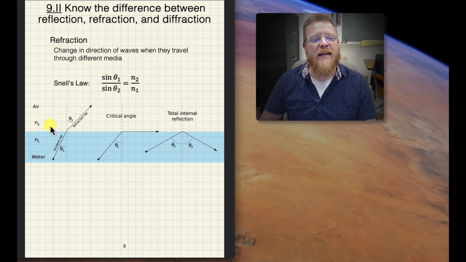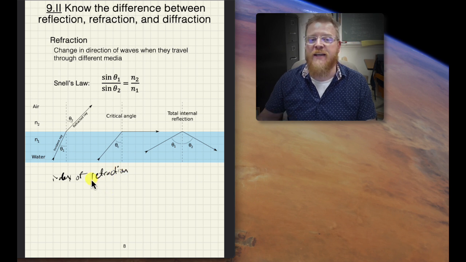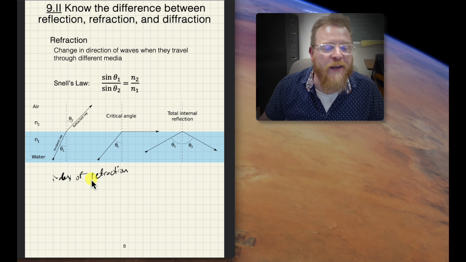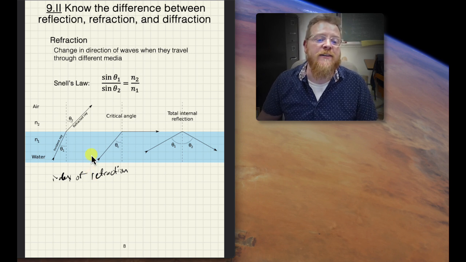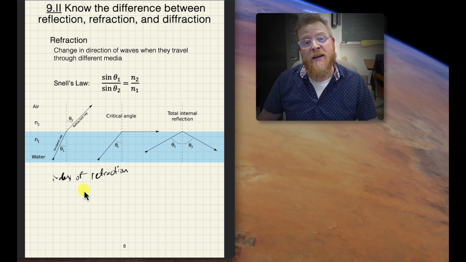Refraction is the change in the direction of waves when they travel through different media. For example, we use this value n as the index of refraction, and that value is known for various media, whether it's air, liquid, or vacuum. The idea is light will travel at a slightly different speed through different media.